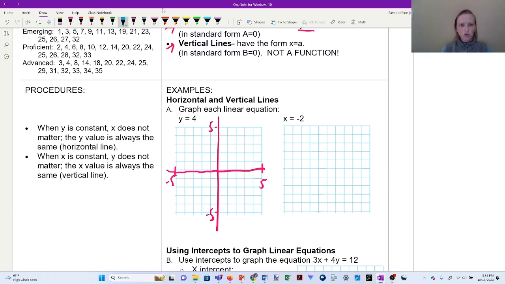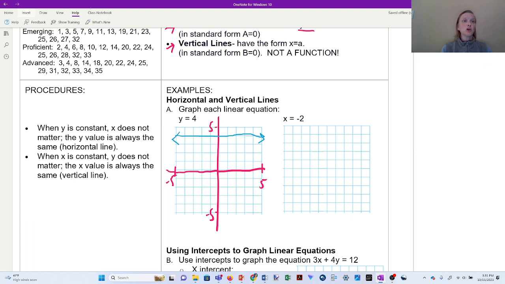So I would draw a line across here representing my y equals 4. This horizontal line is a function. It passes the vertical line test. You can just hold a vertical pencil or other line against the graph, and you never intersect the graph more than once.